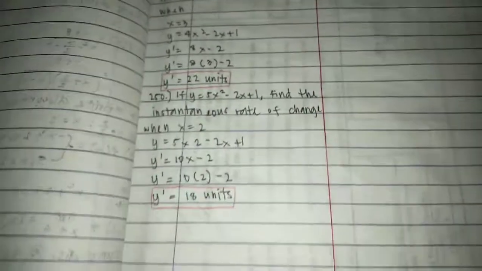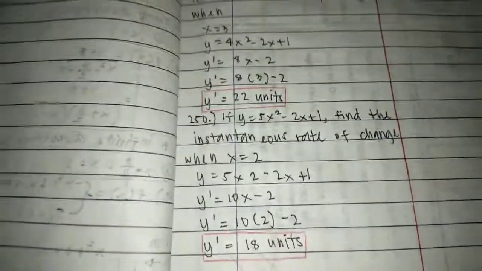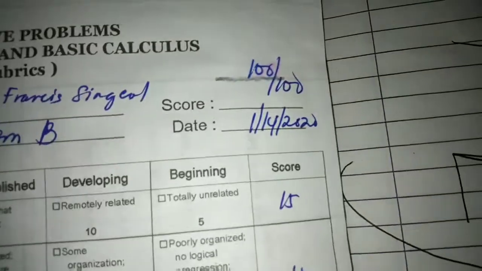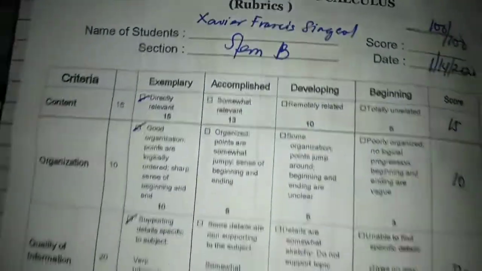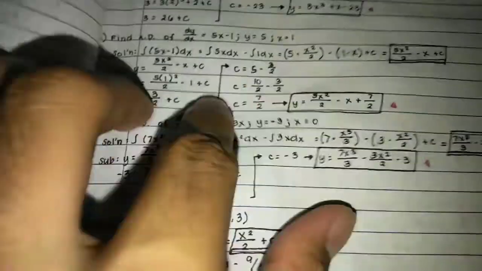This is the third grading all in all. And oh, I got 100. The fourth grading, 18, 27. So many. So up to the last page, it reaches up to 1000 problems.